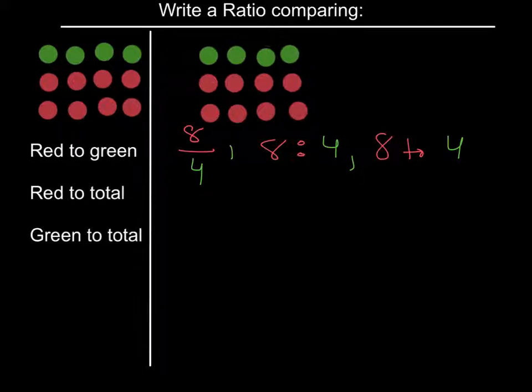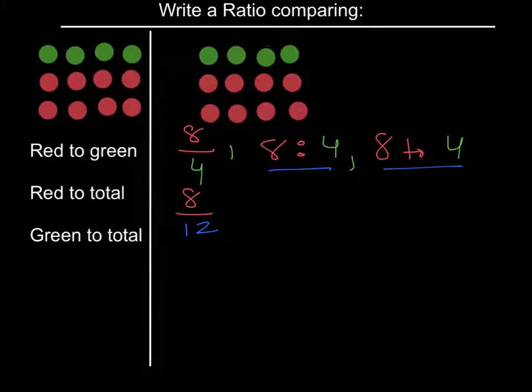The number of red dots hasn't changed, I still have 8 there. But the total number of dots this time is 1, 2, 3, 4, 5, 6, 7, 8, 9, 10, 11, 12. So I have 8 over 12 in that case. Again, I could write it as 8 to 12 or 8:12, but I'm just going to write it as the fraction.